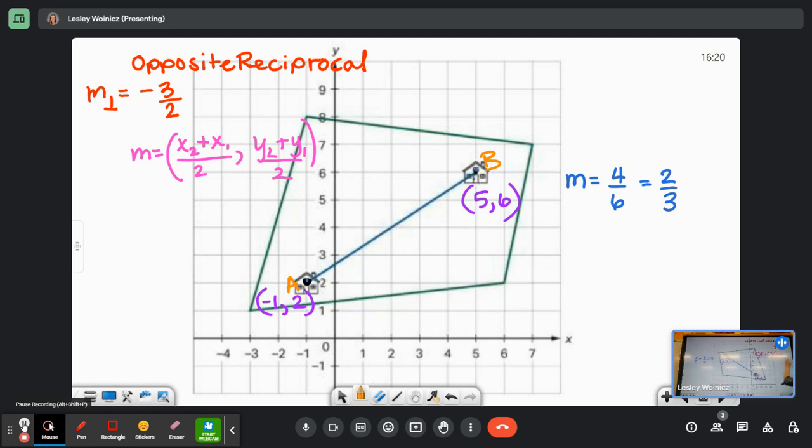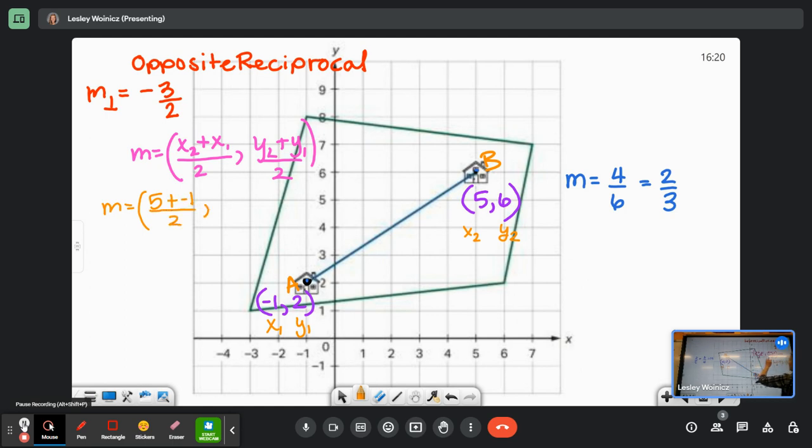All right, my M equals, this is x sub 1, y sub 1, x sub 2, y sub 2. X sub 2 is 5, and then I have adding a negative 1, divide by 2.